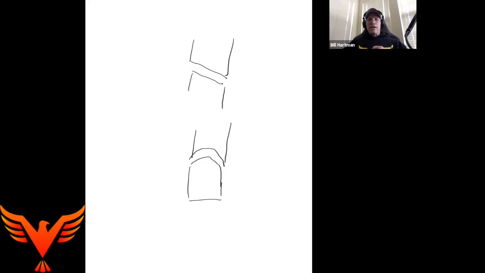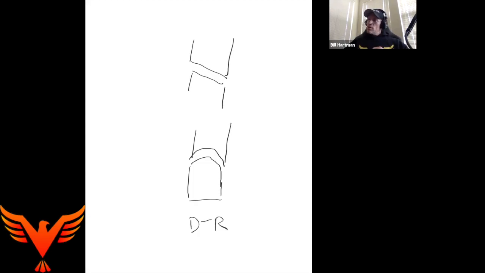So if you look at the upper cervical spine, the facets tend to be shaped kind of like that. And if you look at the lower cervical spine, it tends to be shaped like that. I'm exaggerating for effect, okay? But the point being, the dorsal rostral would be underneath this.